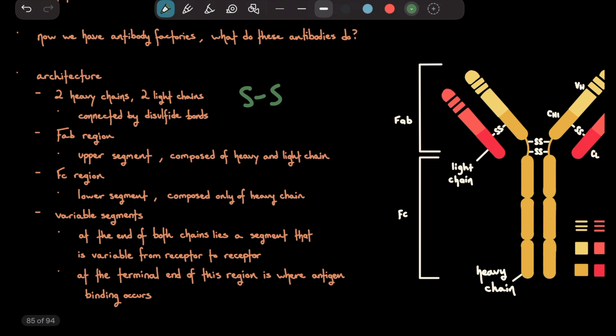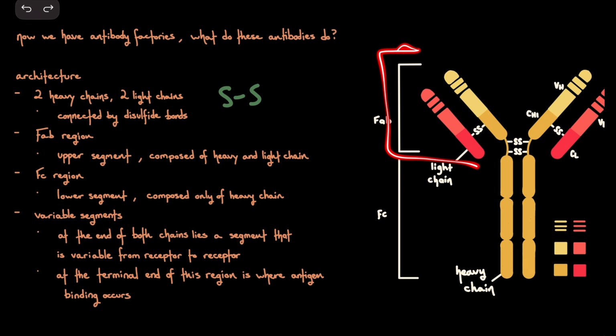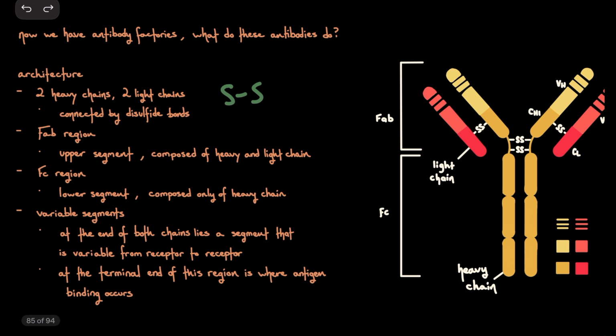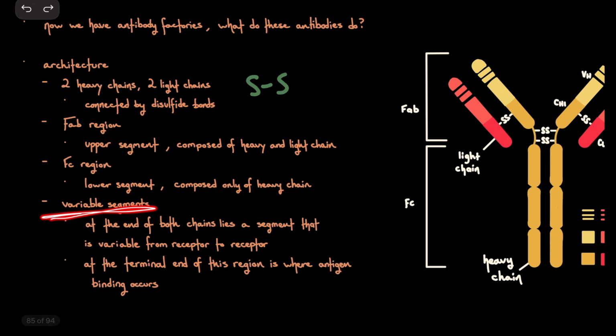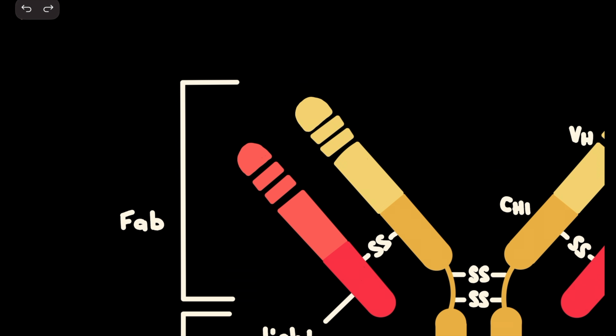Then we can subdivide this into the Fab region and the Fc region. The Fab is the top of the Y, so right up here. And the Fc is the stalk, the stump of the Y. What's really important here, though, is the variable segment. At the end of the Fab region, at the end of this upper segment, I've changed the hue slightly.